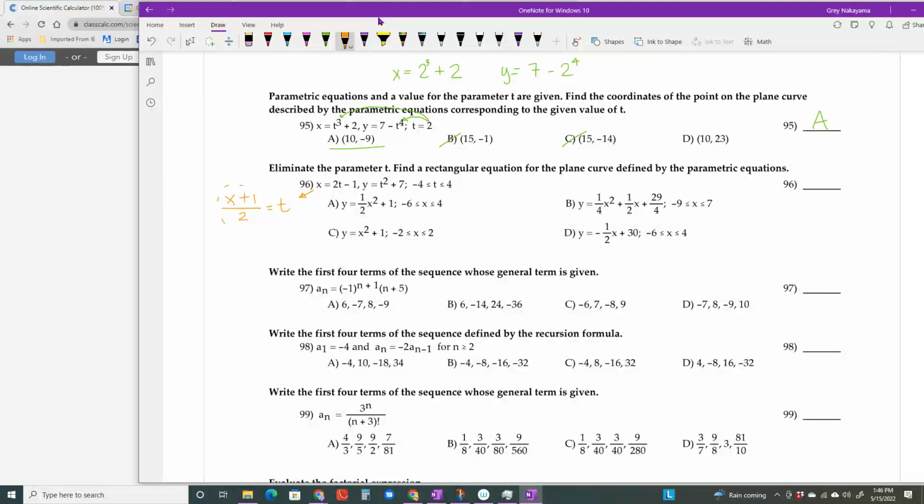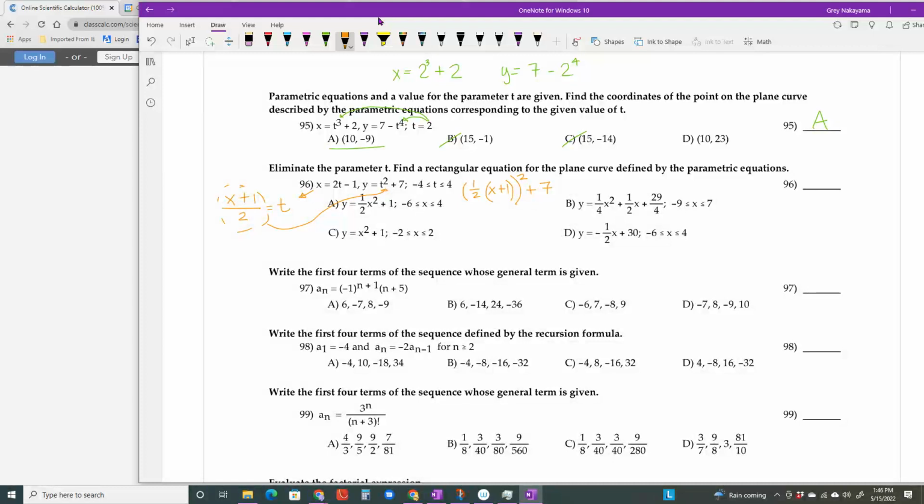So I'm taking this, and I'm going to plug it in for t right there. So I'm going to have 1/2, and I'm doing it because I see the 1/2 like this. So this whole thing is squared.